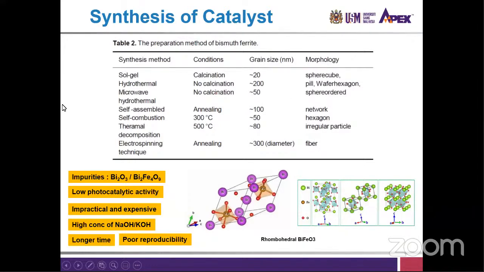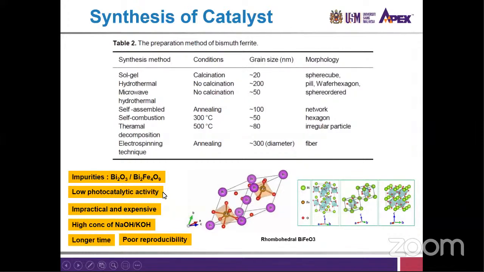But what researchers have come across all this while is that they always have difficulty producing a pure bismuth ferrite structure.